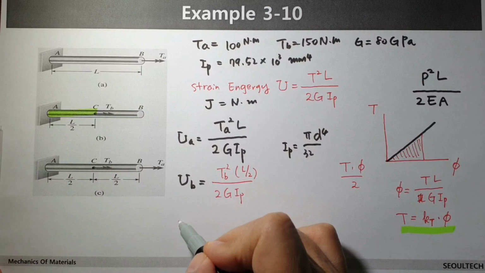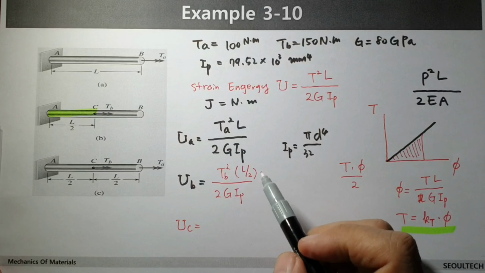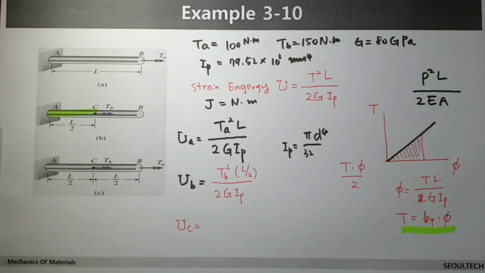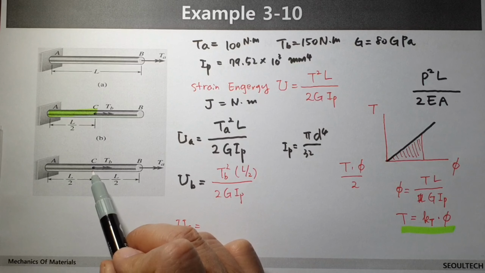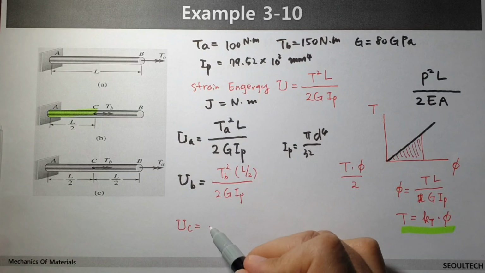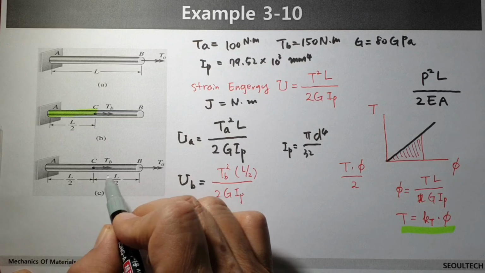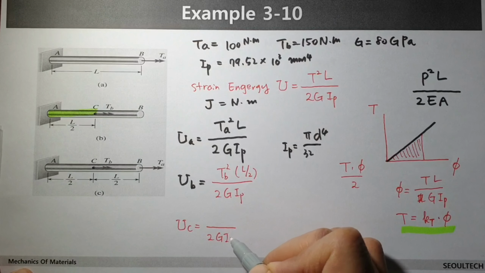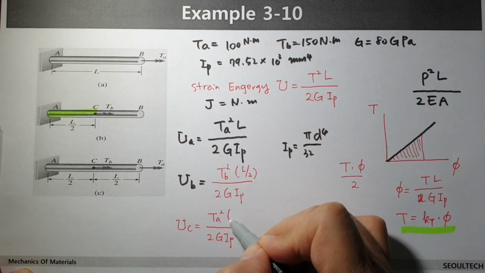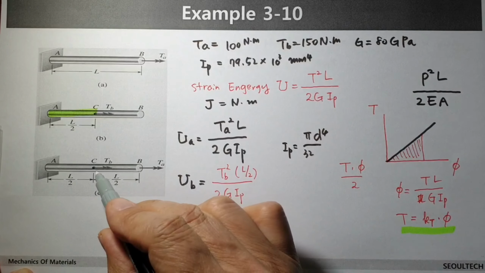The final case, let's say UC equals. We should consider the left side and right side at the same time. On the left side, torques TA and TB are acting. And on the right side, just TA is acting. First, on the right side, TA squared with length L over 2 over 2 GIP.